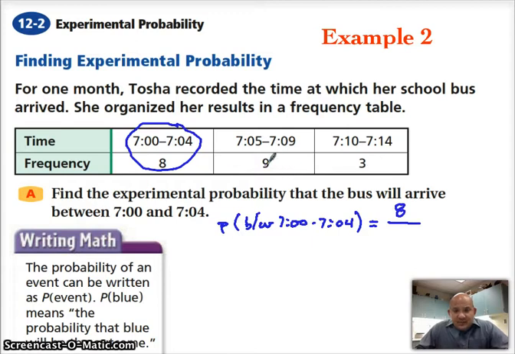Well, 8 plus 9 is 17, plus 3 is 20. So she recorded the bus arriving 20 times. So 8 out of 20 times it arrived between 7 and 7:04. And we can simplify that ratio by dividing both the top and bottom by 4 to 2 out of 5, 2 to 5.